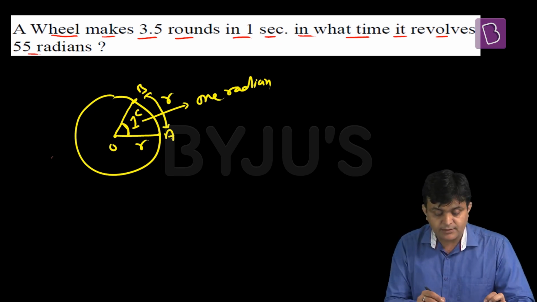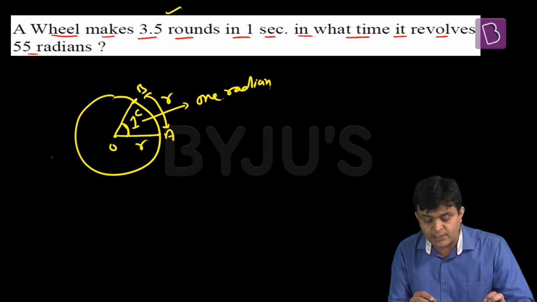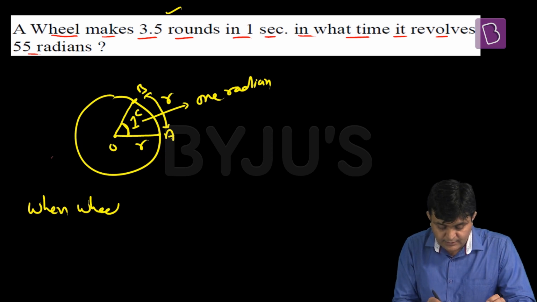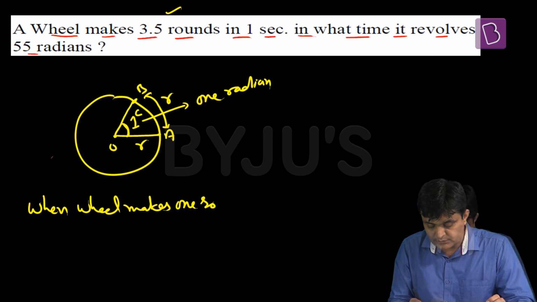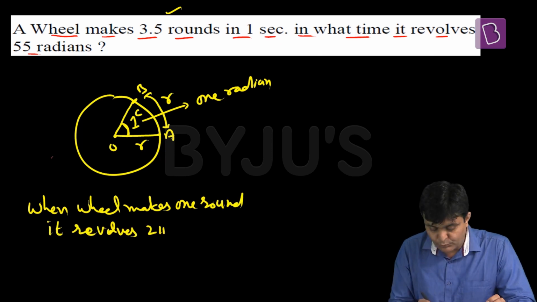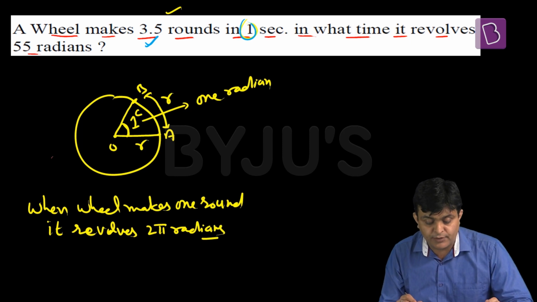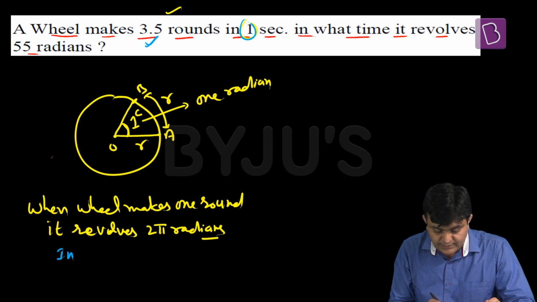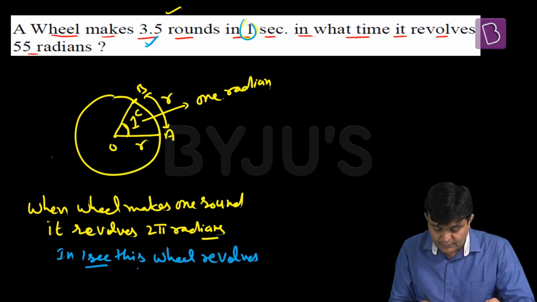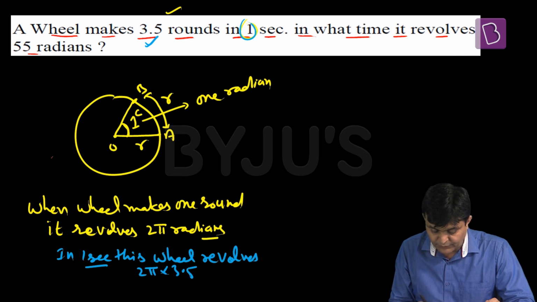So circle is a wheel, because we have to solve this question. Circle is a wheel. When the wheel makes 1 round, it revolves 2 pi radians. So in 1 second, it makes 3.5 rounds. So in 1 second this wheel revolves 2 pi into 3.5.